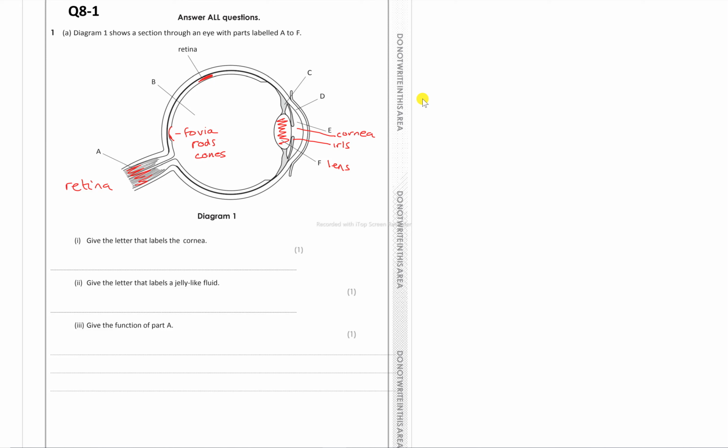That is the ciliary muscle or ciliary body, and then you've got suspensory ligaments here.